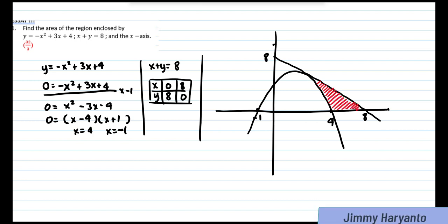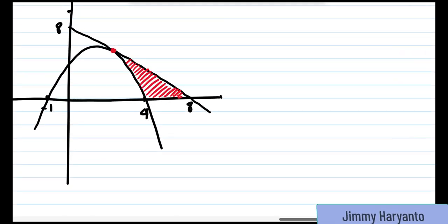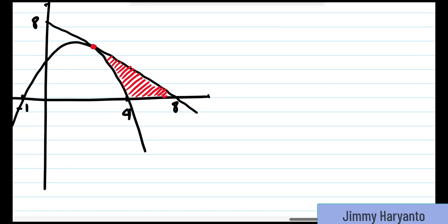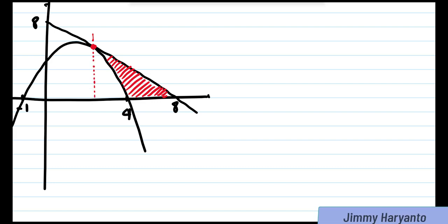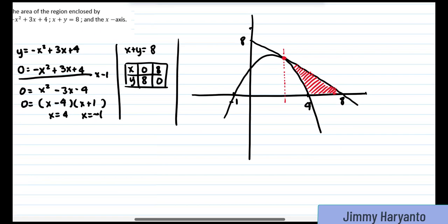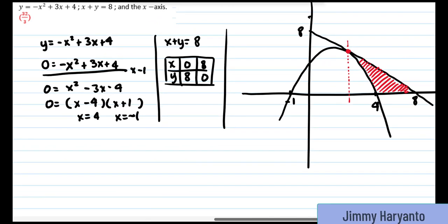Okay, next is to find the area. To find the area we have to think like this. We have to find the intersection first. So let's do the substitution.